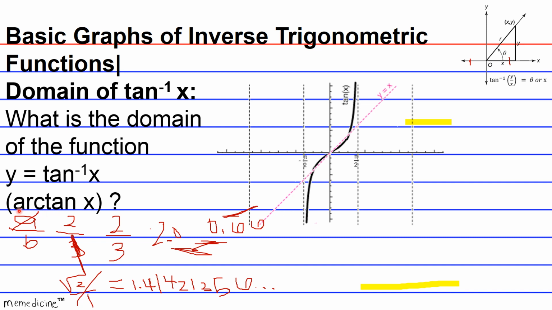And now is where I get to explain to you the lowercase a. The lowercase a means that the domain has been restricted so that this is no longer defined as the set of angles whose tangent has a value of x. Rather, it's defined as the angle between negative pi over 2 and pi over 2 whose tangent has a value of x. And just in case you're wondering, negative pi over 2 is negative 90 degrees, and pi over 2 is 90 degrees.